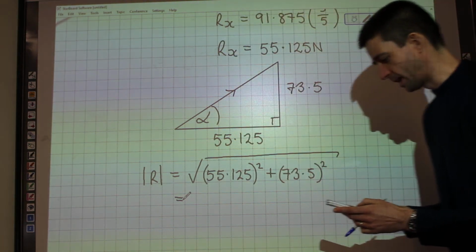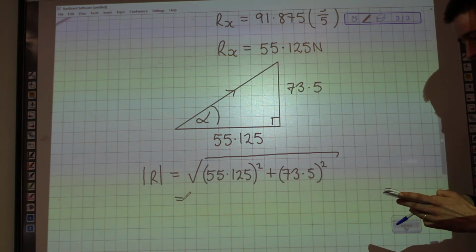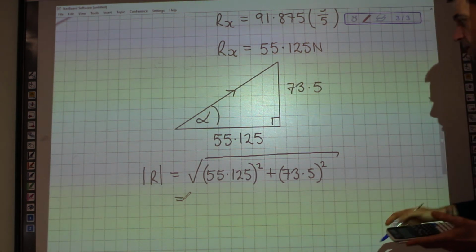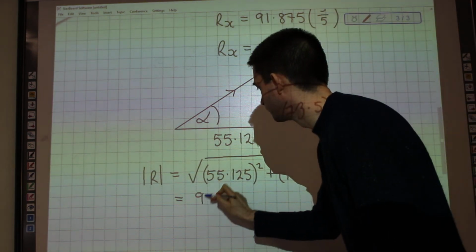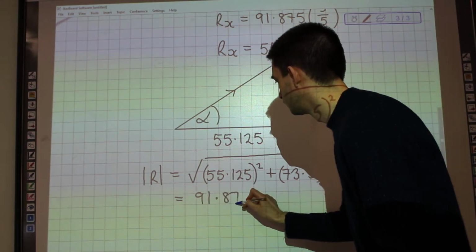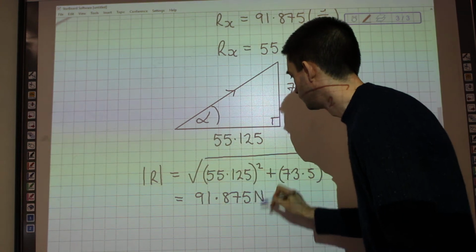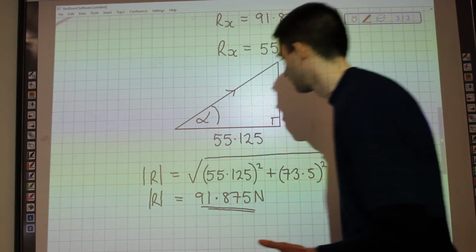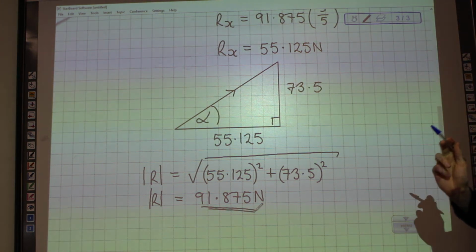And so if we work that out and square root that, it comes out as 91.875 newtons. And I hope that makes you as happy as it makes me.